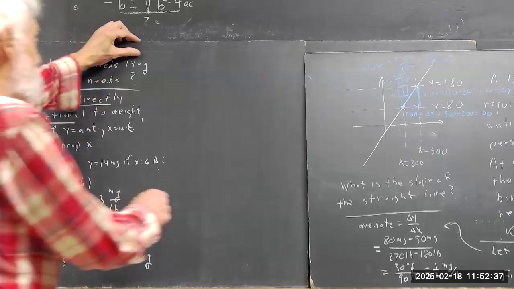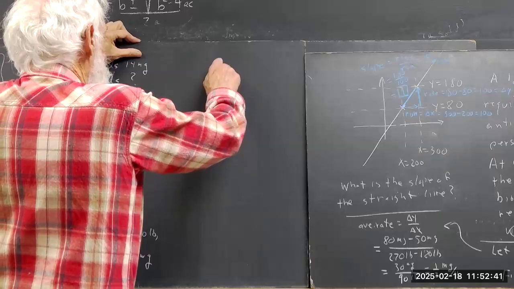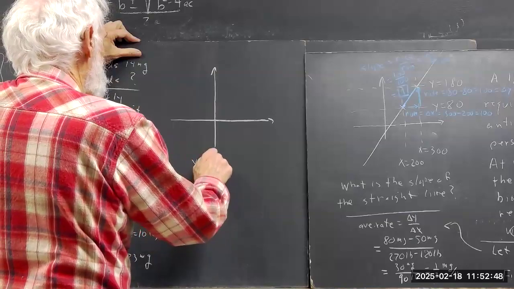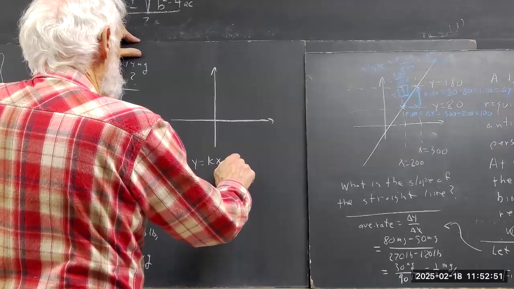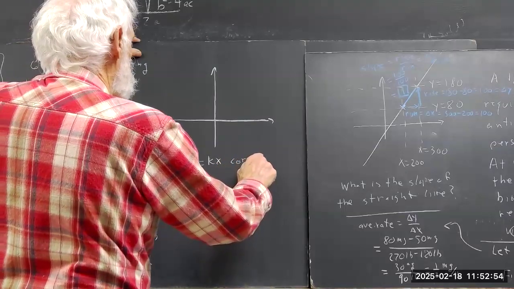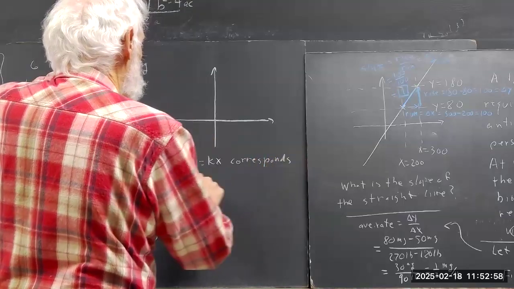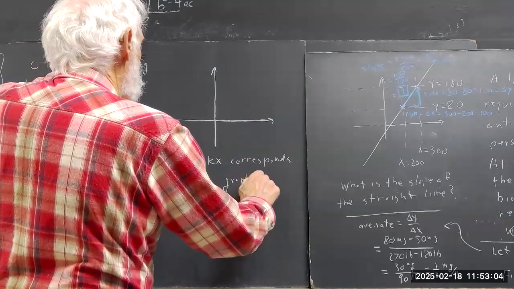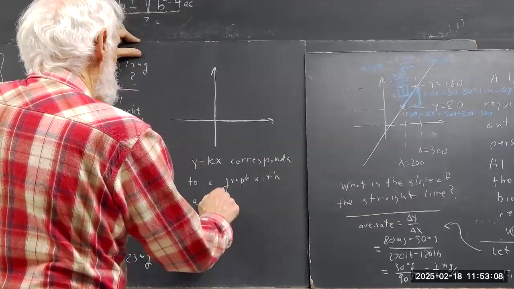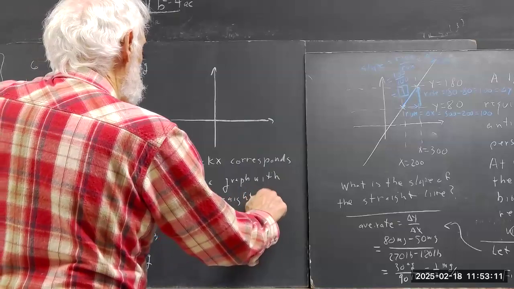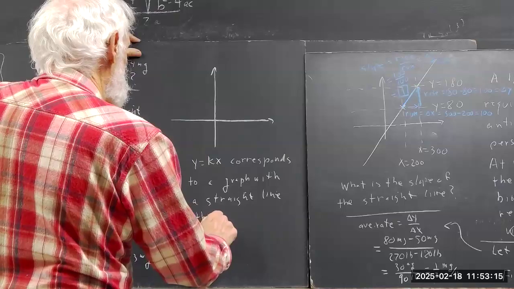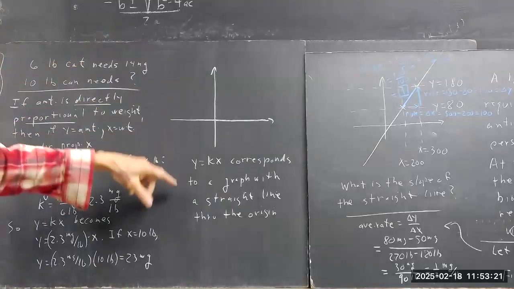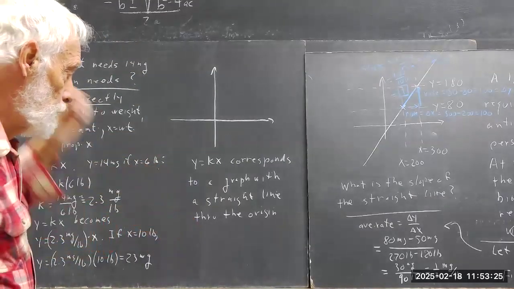A picture of this. y equals kx corresponds to a graph of a straight line through the origin.